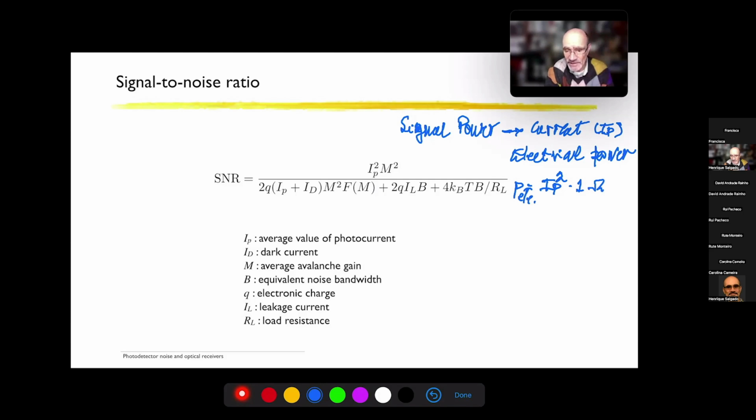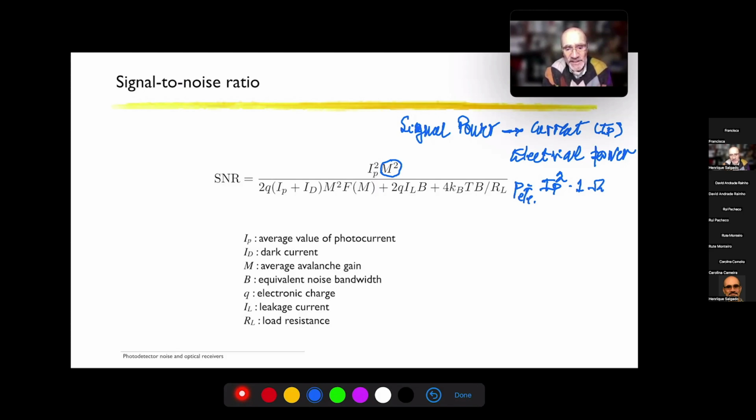Additionally, if we are using an APD, then this primary photocurrent has to be multiplied by the gain of the APD, and so it comes with a factor of the APD current gain squared. And this is the signal power detected at the receiver.